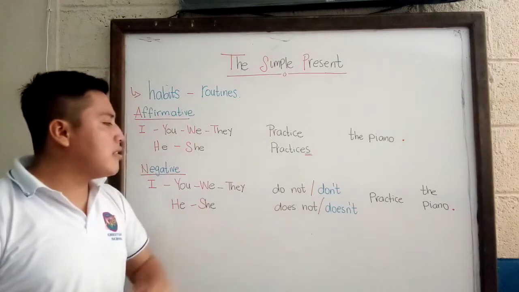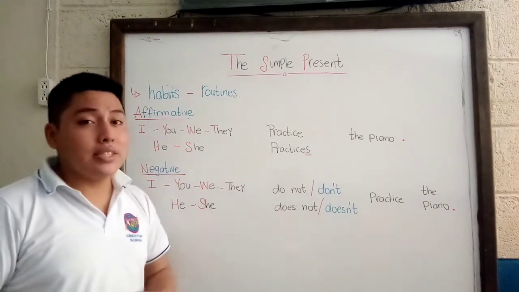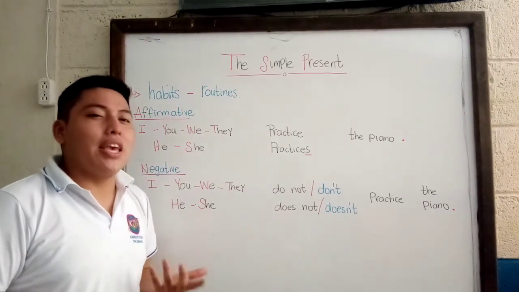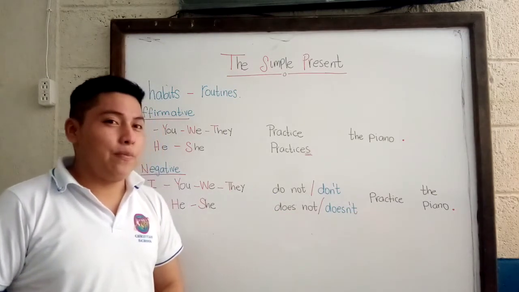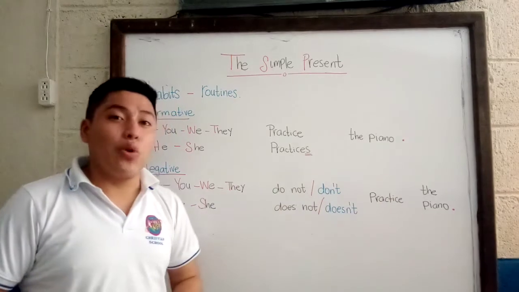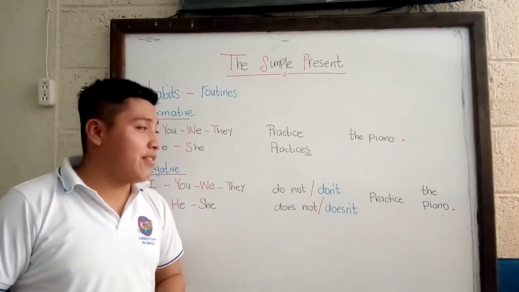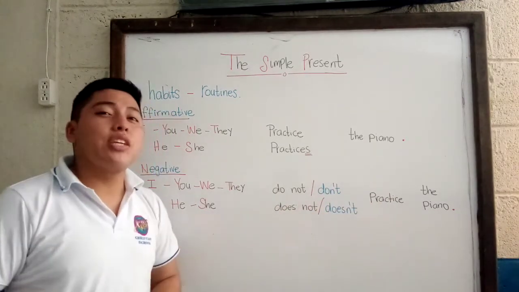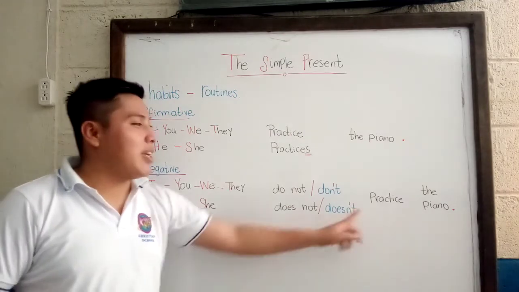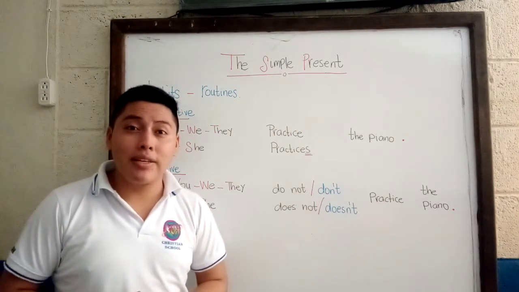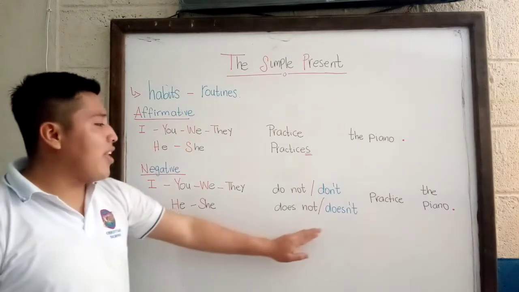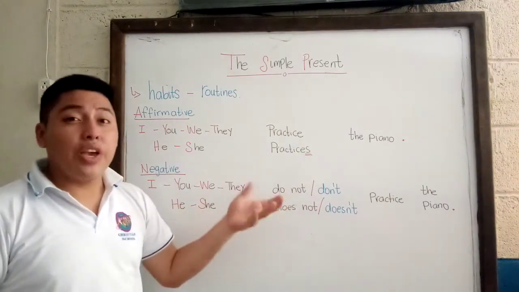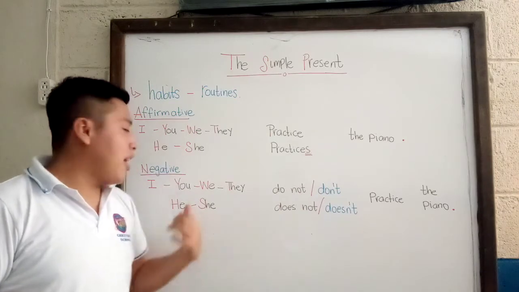In this case, does not or doesn't is working to help the verb. Here it's not necessary to add the S at the end of this verb because does not is working to help it. Okay, see what I mean? Very good.